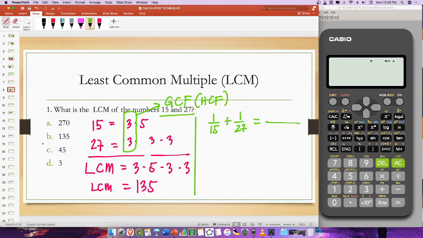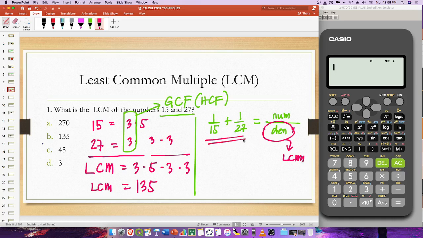The result of this will also be a fraction, with a numerator and a denominator. What we are after here is the denominator. The denominator in your fraction is actually your least common multiple. So let's start.